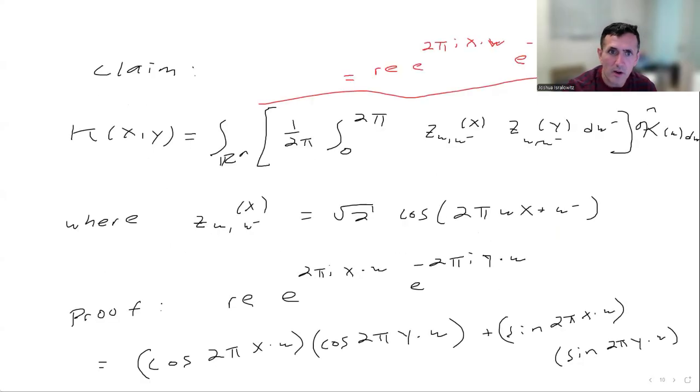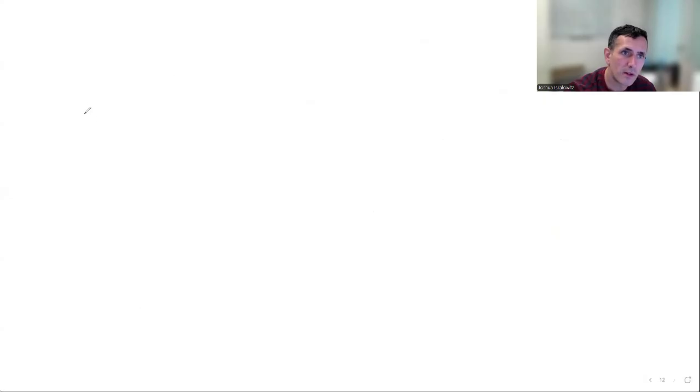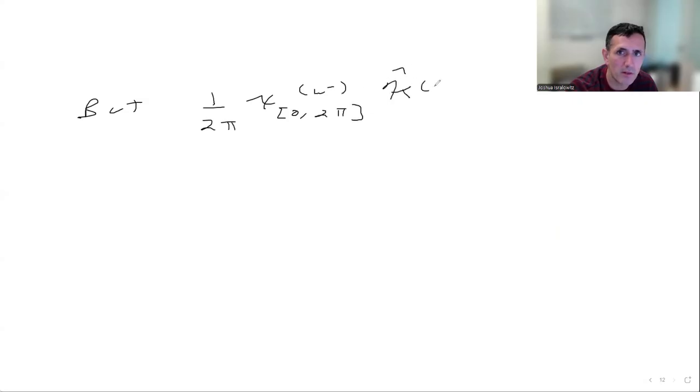Okay, so we're good. All right, so what's the point here? The point is as follows. Right, so we basically have a product probability measure. That's exactly what we have. So 1 over 2 pi times the characteristic function of 0 to 2 pi, times k hat of w.